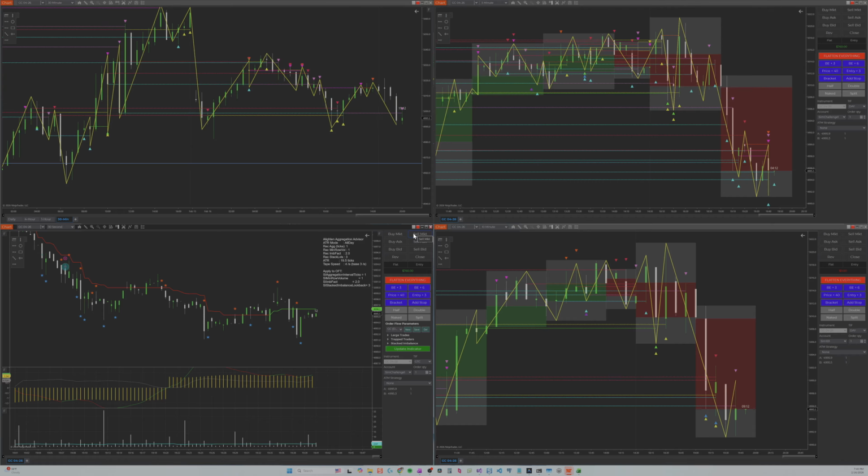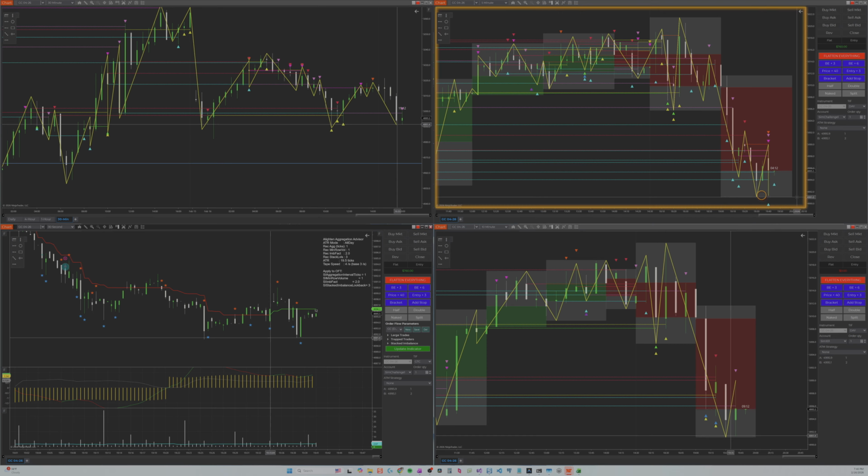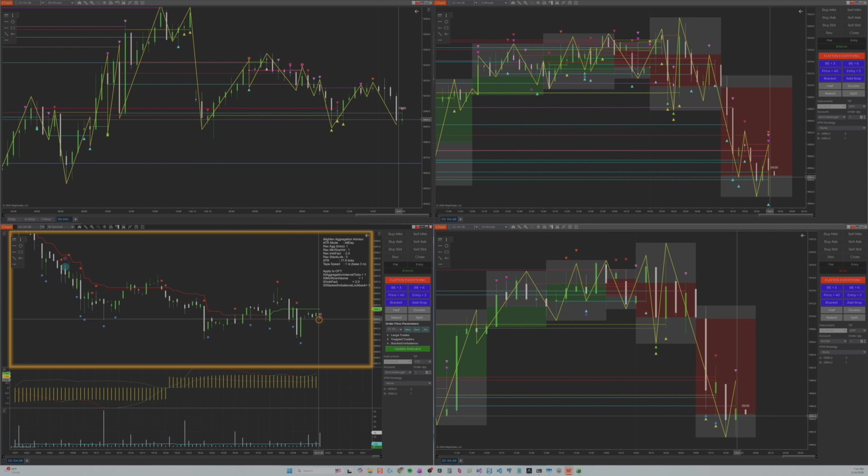Let's see. Another long signal over here, but, oh yeah, this one is from this. Ooh, we got some sellers. That oftentimes drives the price up, not down. Let's see what happens.